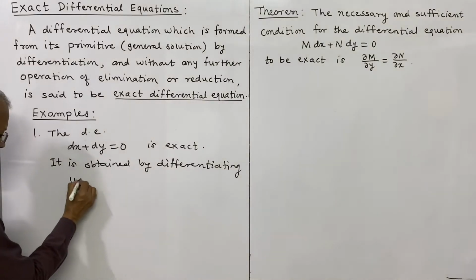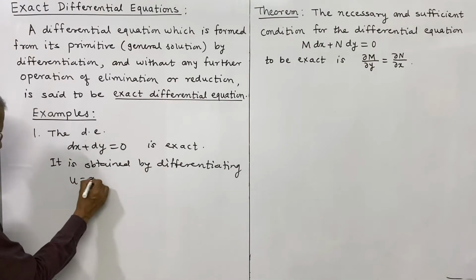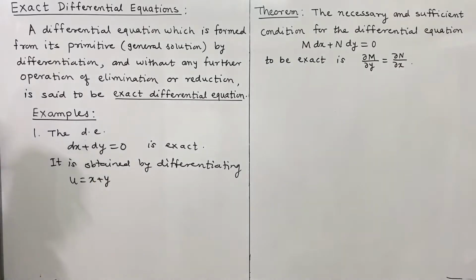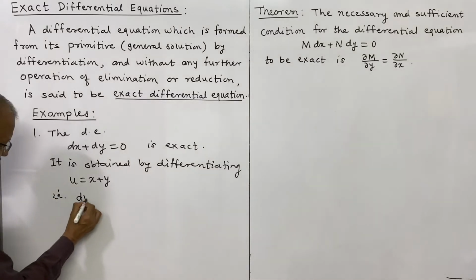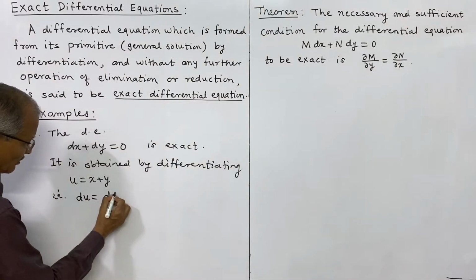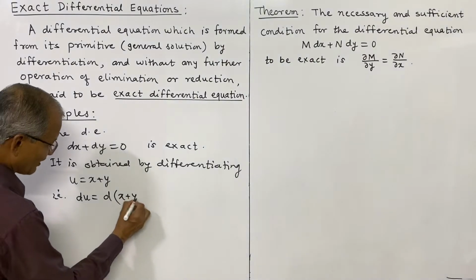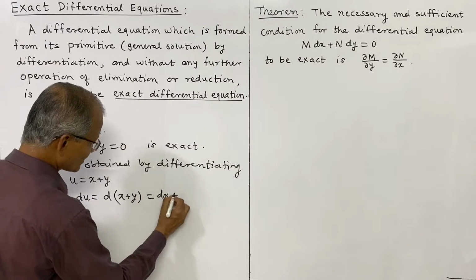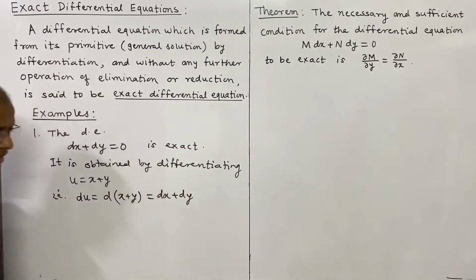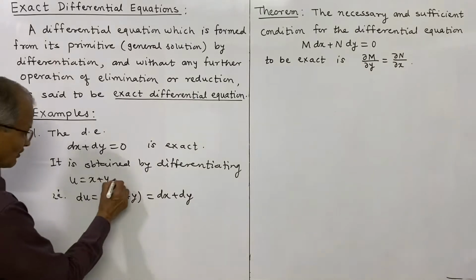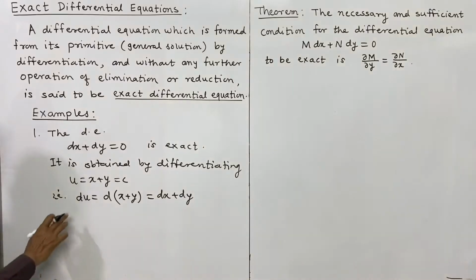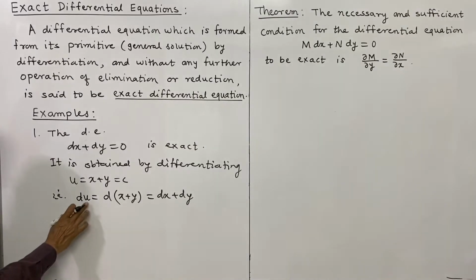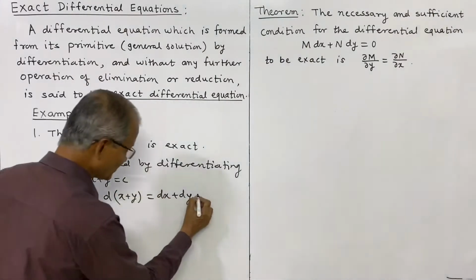If I consider u is equal to x plus y, differentiating this function, the derivative du is d of x plus y, which is dx plus dy, and this function we consider as c, a constant, and thus its derivative will be 0.